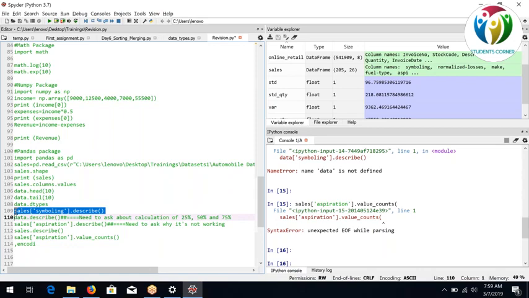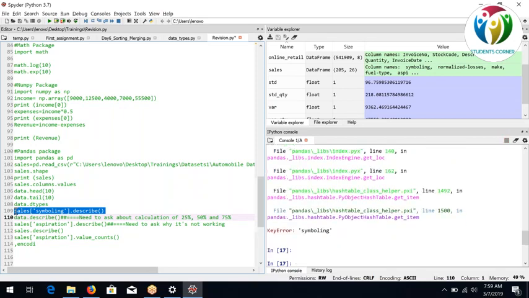Because sales was the data for you, right? Correct. But I changed the name later; it was earlier data, because earlier I calculated in the data field. Later on I changed it to sales, and that also doesn't work.